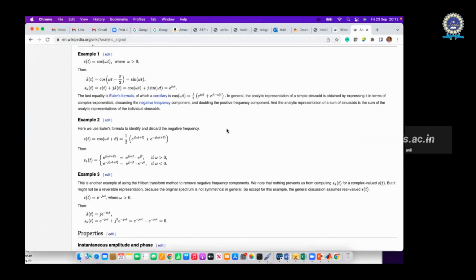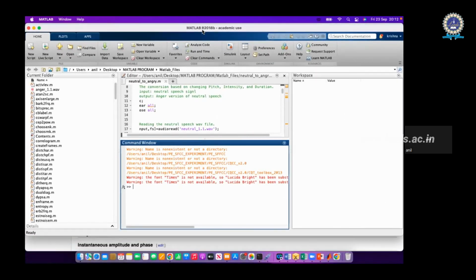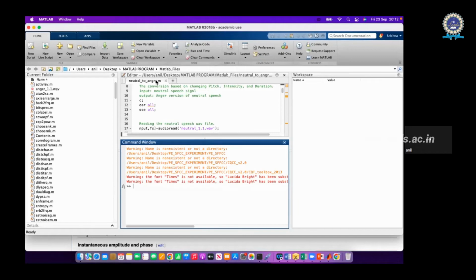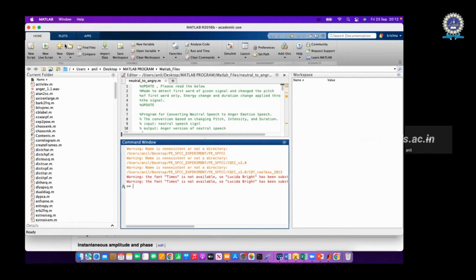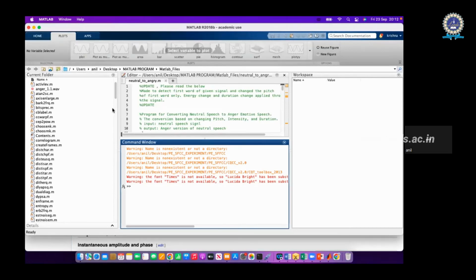Moving further, let me show you one small demo in MATLAB, whether it will work or not. Let me see.